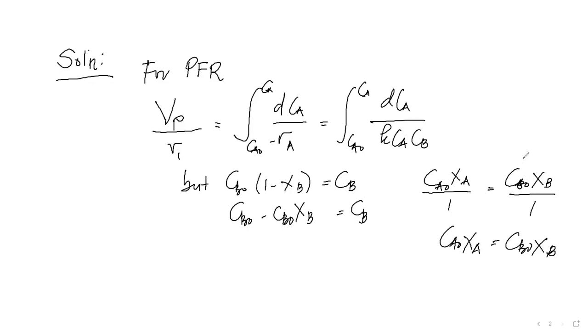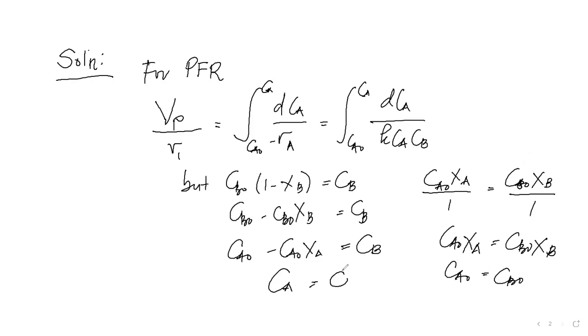And it was given also that CaO is equal to CbO. So the CbO I can change to CaO, and the CbOXB I can change to CaOXA, Cb. And what is this? This is actually your Ca. So your Cb is just equal to Ca.